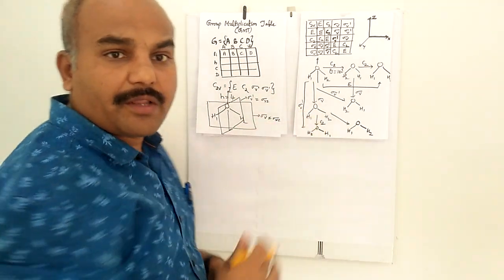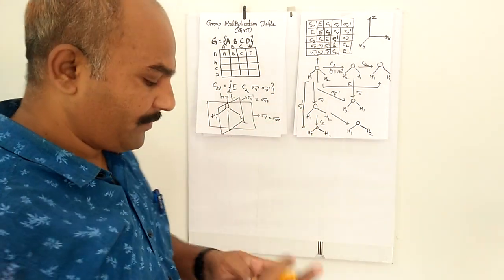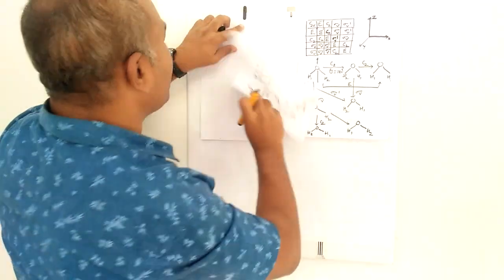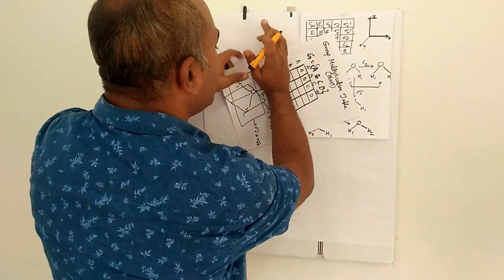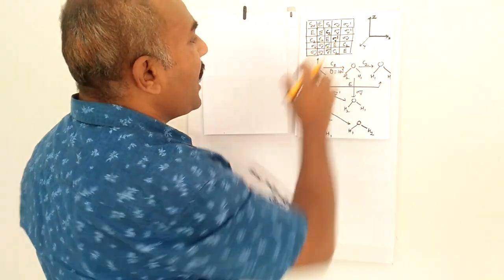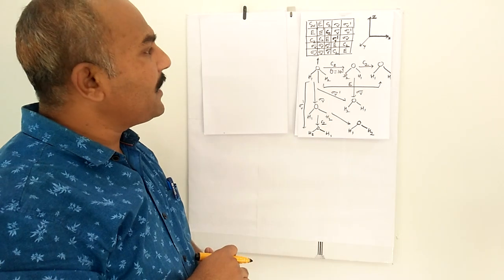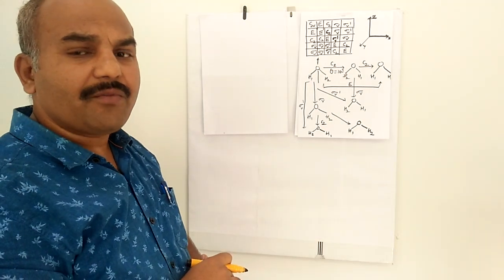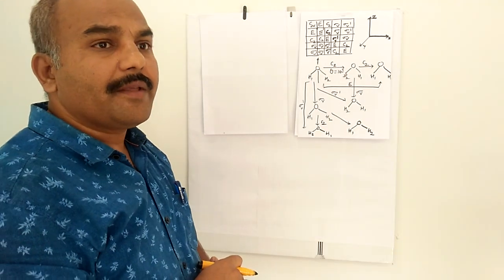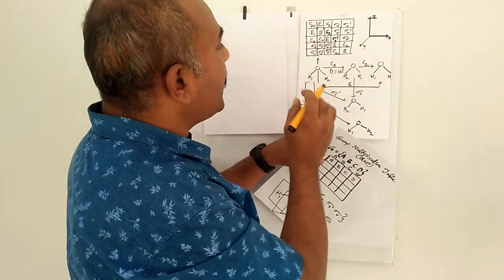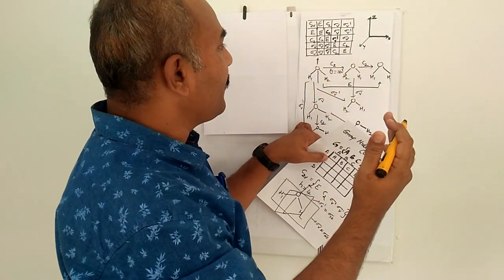Okay, next we will go for the C2H point group. But here one more thing: we can check whether this group is abelian or not. If the commutative law holds good, then the group is abelian. If the commutative law does not hold good, then the group is non-abelian. For this, you can take the product AB equal to BA. We can cross check.